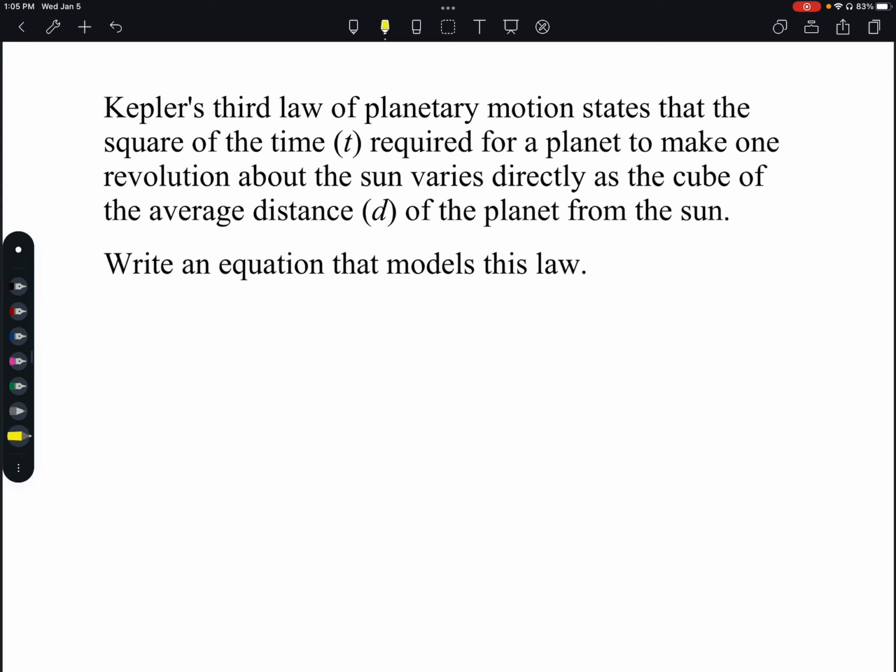So our time squared should equal k, and since it varies directly, we're multiplying times the cube of the average distance, d cubed.